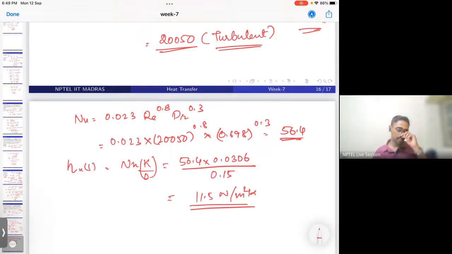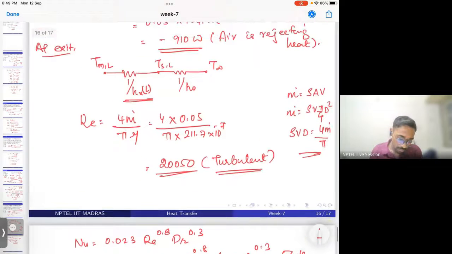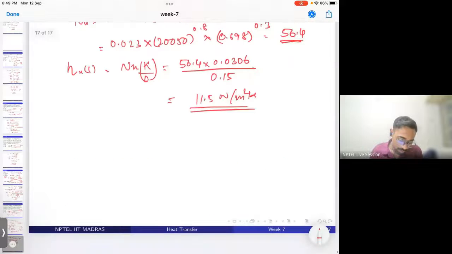The heat transfer coefficient will come out to be around 11.5 watts per meter square Kelvin. So what is the resistance?